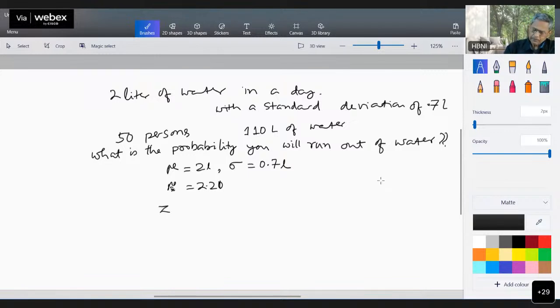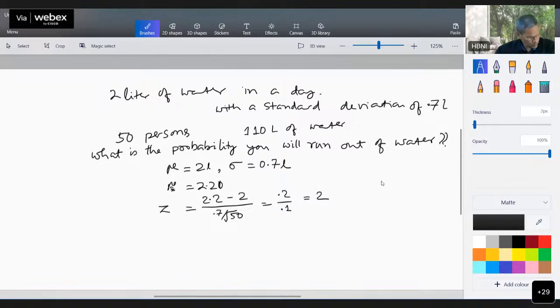Z score will be 2.2 minus 2 divided by 0.7 divided by root 50. So this will be 0.2 divided by 0.1, that is equal to 2. My Z score is now 2.